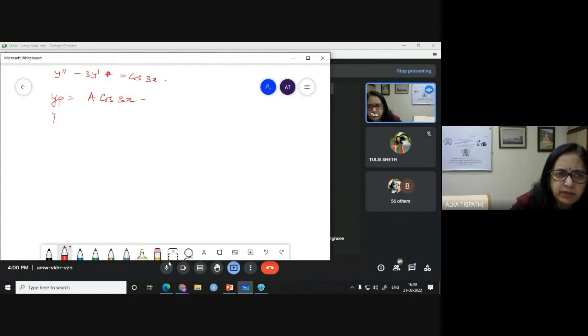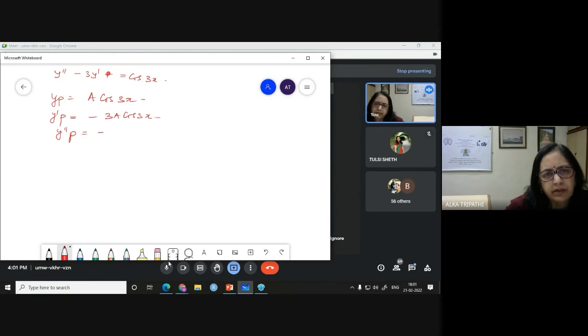Then y dash p equal to minus 3a sin 3x, and y double dash p will be minus 9a cos 3x.